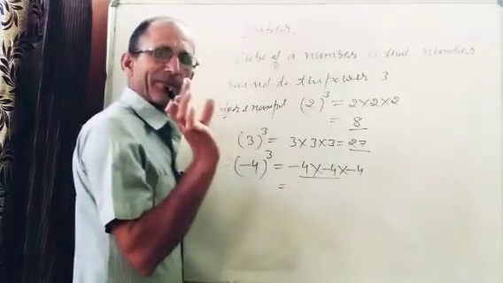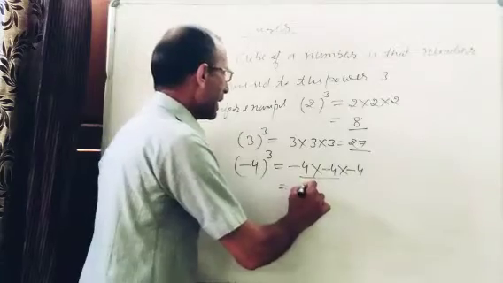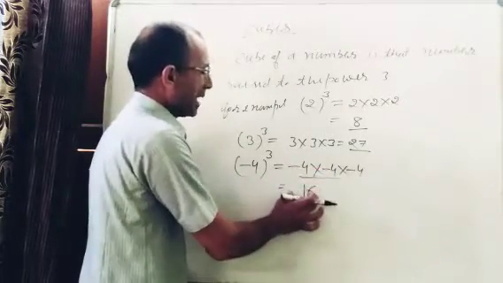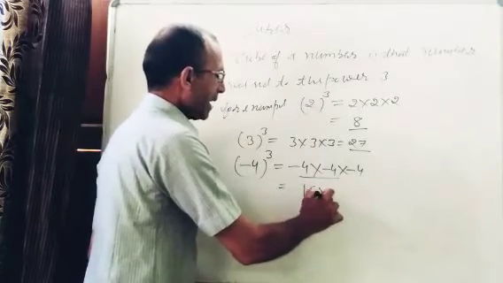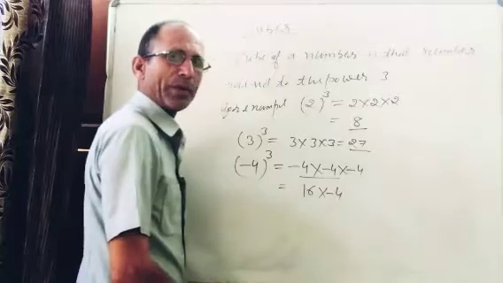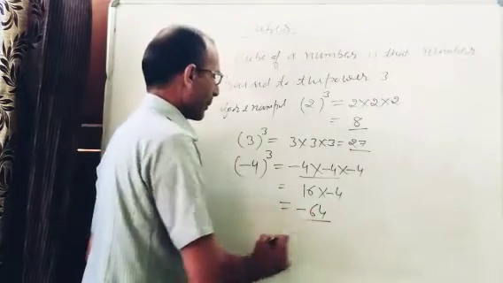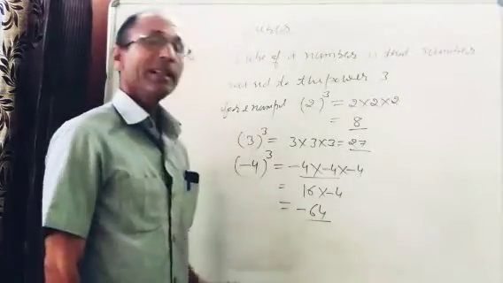Minus with minus, the result will be positive. First I multiply minus 4 with minus 4, so it will be plus 16. Again, I have to multiply minus 4 with 16, so the result will be minus 64. So, the cube of minus 4 is minus 64.